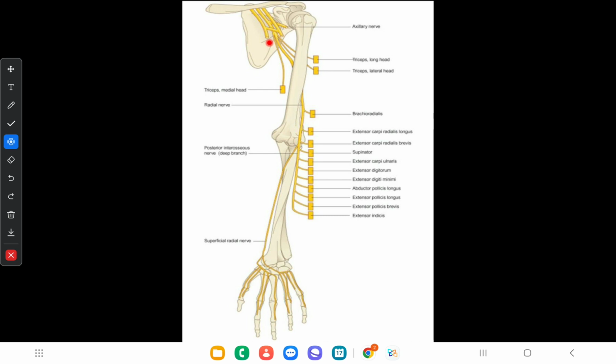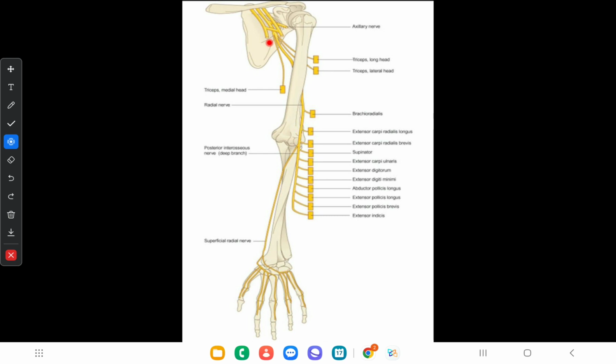When it goes beyond the lower border of the supinator muscle, it becomes the posterior interosseous nerve of the forearm. Then it descends further downwards, accompanying the posterior interosseous artery in between the superficial and deep muscle layers of the extensor compartment of the forearm.